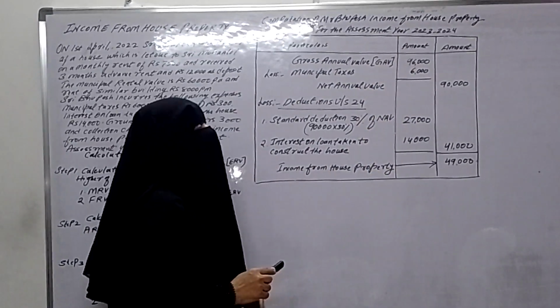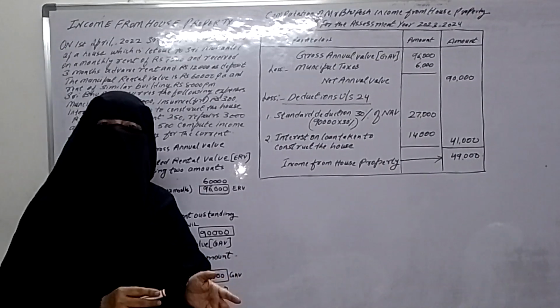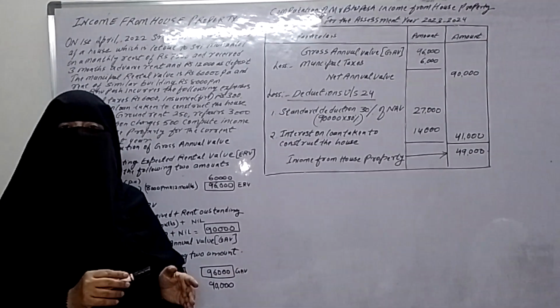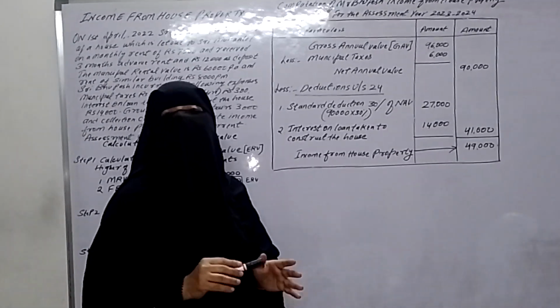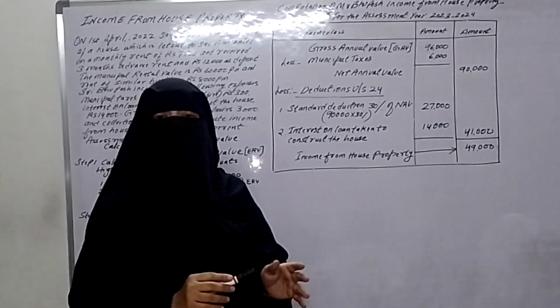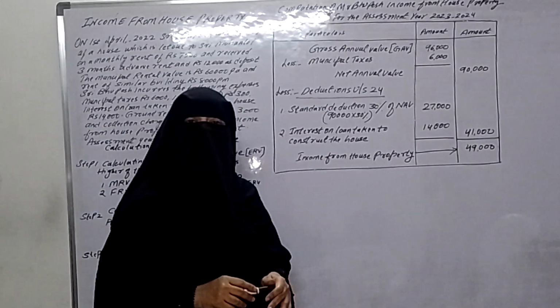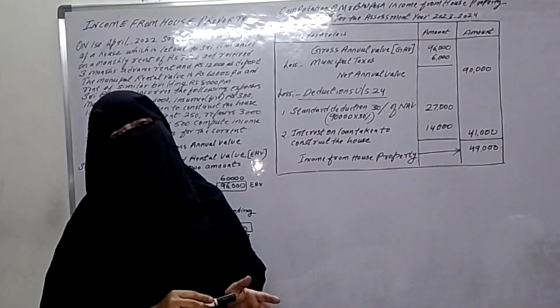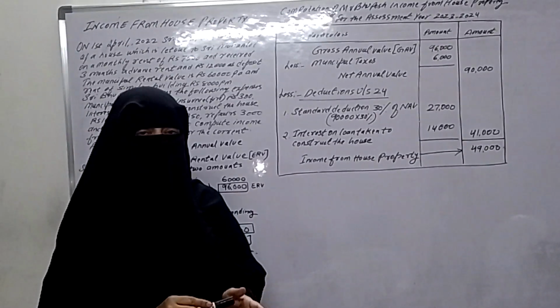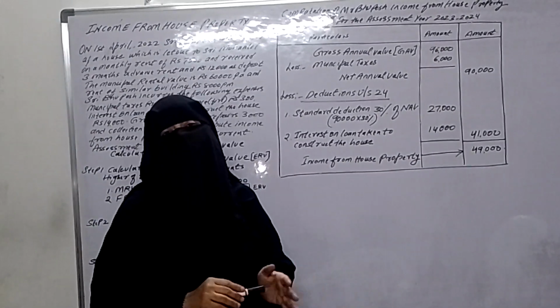From the gross annual value, we have to subtract the municipal taxes or local taxes. And students, municipal taxes is allowed on payment basis only, and municipal taxes should be paid by the owner. If it is paid by the tenant, it is not allowed for deduction.